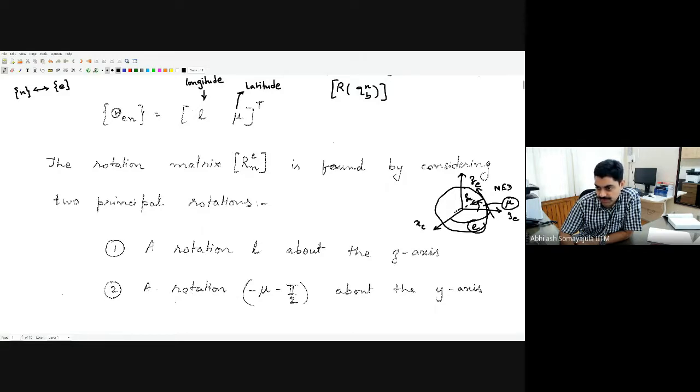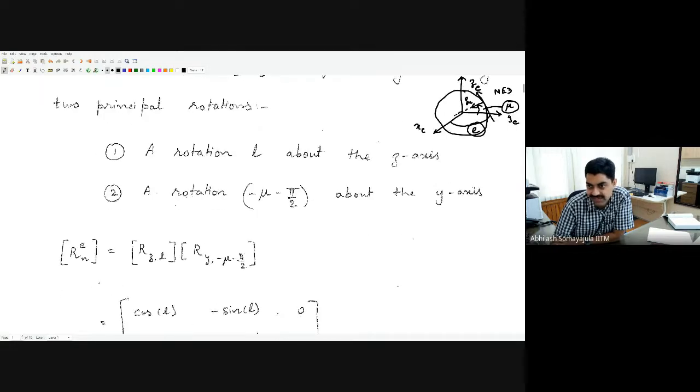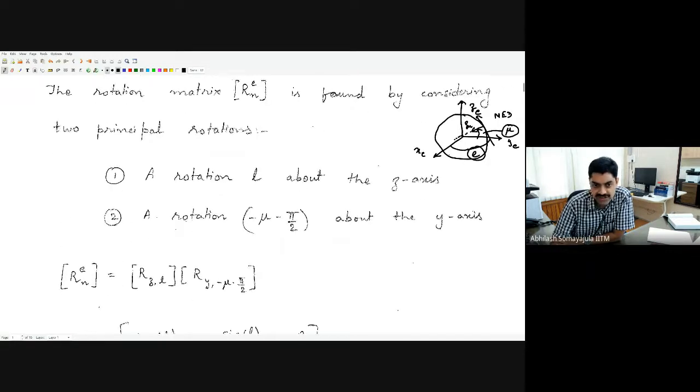Now, don't worry about this picture. I know this picture was not done properly to scale, but we will redraw this picture. The picture is there below and we'll discuss it. So it is composed of two rotations, rotation by L about the z-axis and a rotation by minus mu minus pi by 2 about the y-axis.